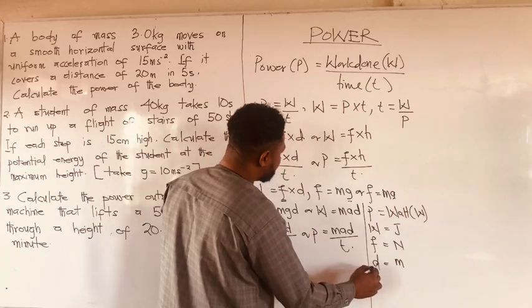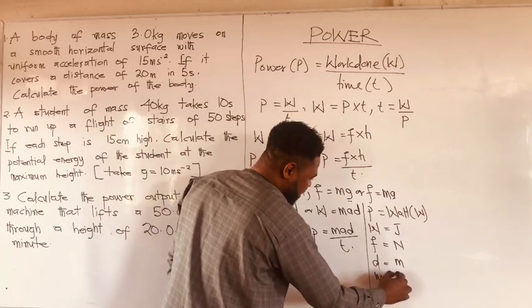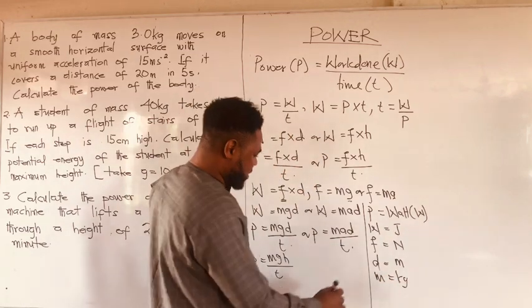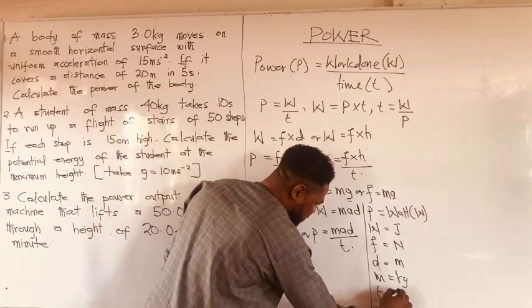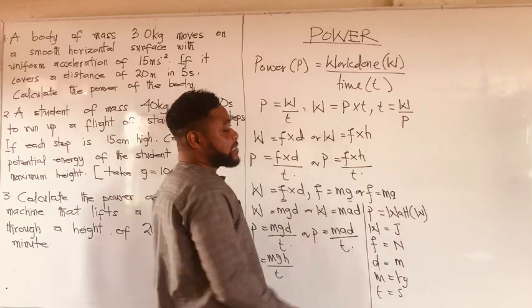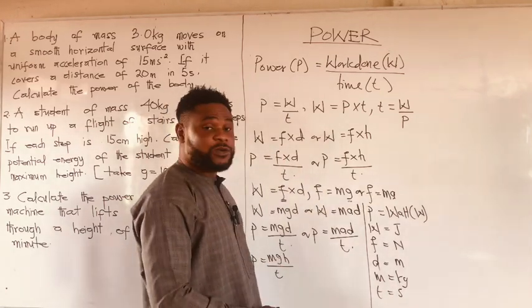Our mass is measured in kilogram. So these are standard units. And the time also is measured in seconds. So these are standard units that we can use to measure these quantities here.